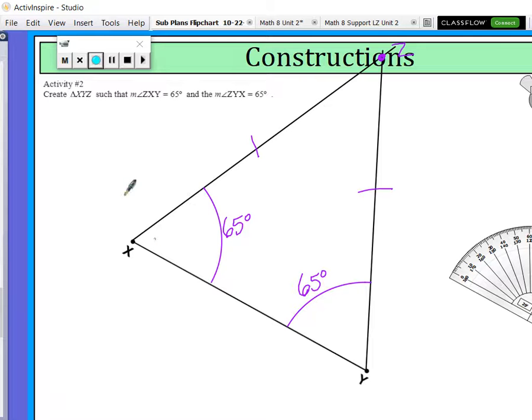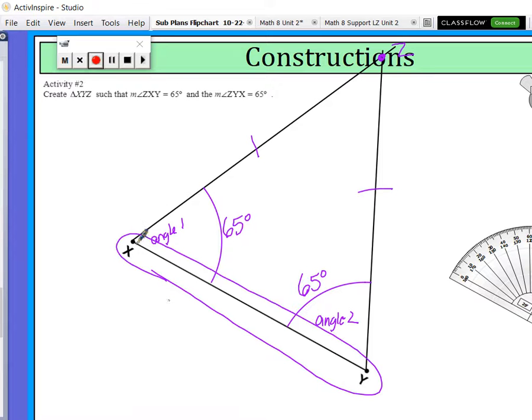This is angle 1, and this is angle 2. And the included side, this would be the included side between the two angles. I can say that they are, in fact, congruent triangles if I have two triangles that have that criteria.